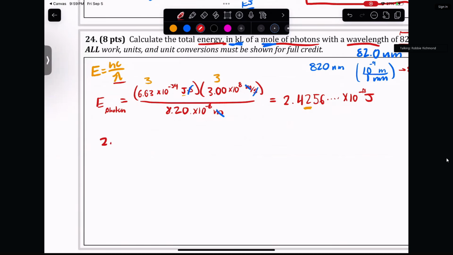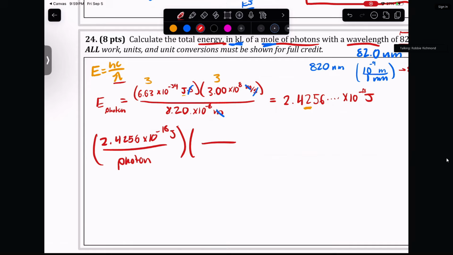As I already said, what we just calculated is the energy of 1 photon, or in human language, this amount of joules per photon. Now, I think the easiest way to do this is convert kilojoules to joules. Sorry, opposite way, joules to kilojoules. So 10 to the third joules is 1 kilojoule.